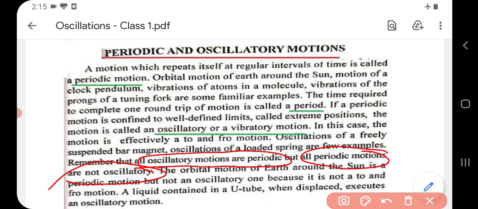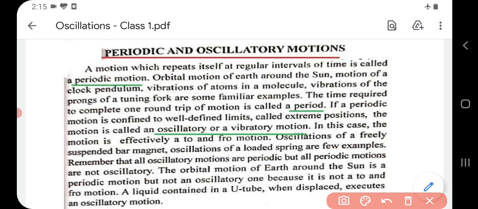Earth is orbiting around the sun. Okay, that is, it is revolving around the sun. That is not a to and fro motion. That is why we say that all oscillatory motions are periodic, but all periodic motions are not oscillatory. An example is orbital motion of earth around the sun. Here earth is revolving around the sun, so it is a periodic motion, but since it is not a to and fro motion, we cannot categorize it under an oscillatory motion.